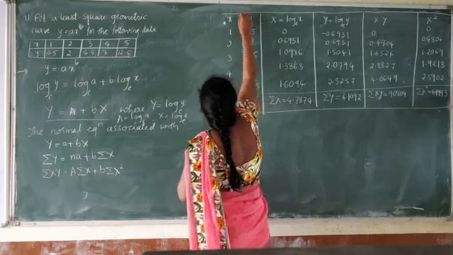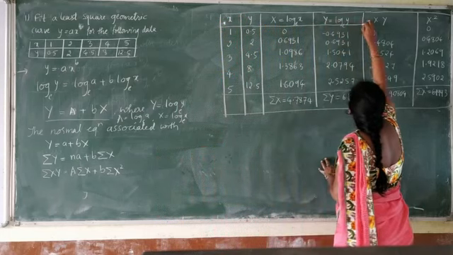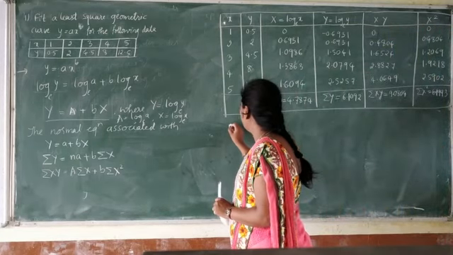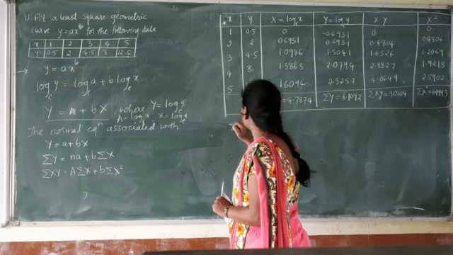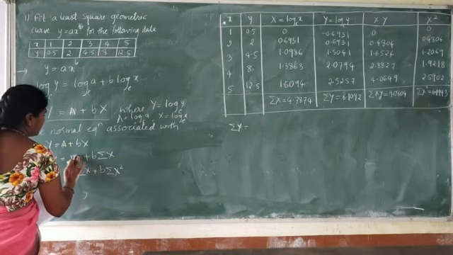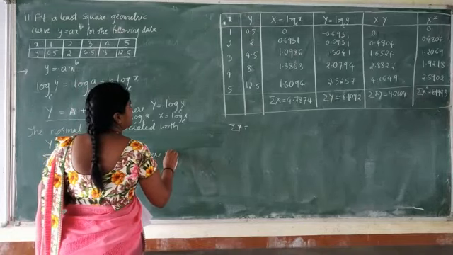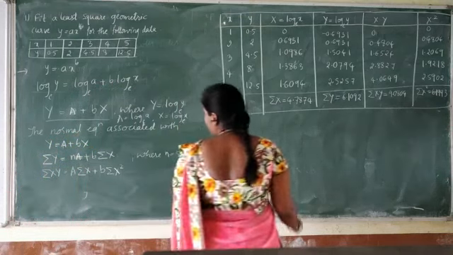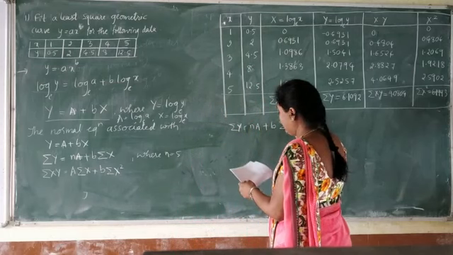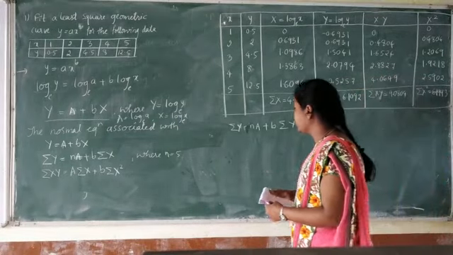Consider the normal equations associated with capital Y equals capital A plus B into capital X. That is, first one: summation of Y is equal to N A plus B into summation of x, where N is equal to 5.